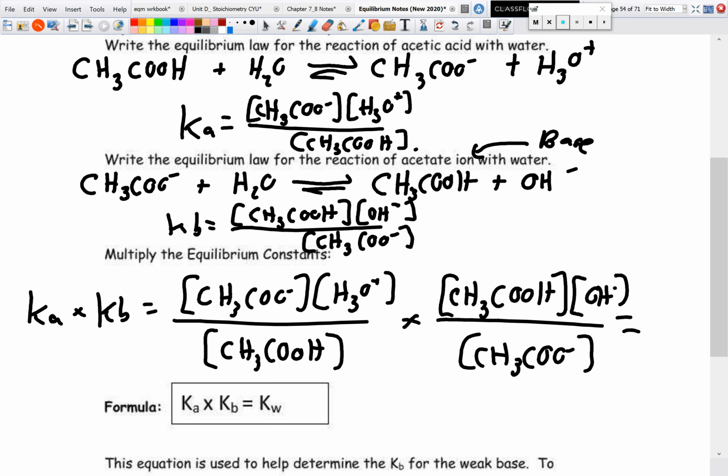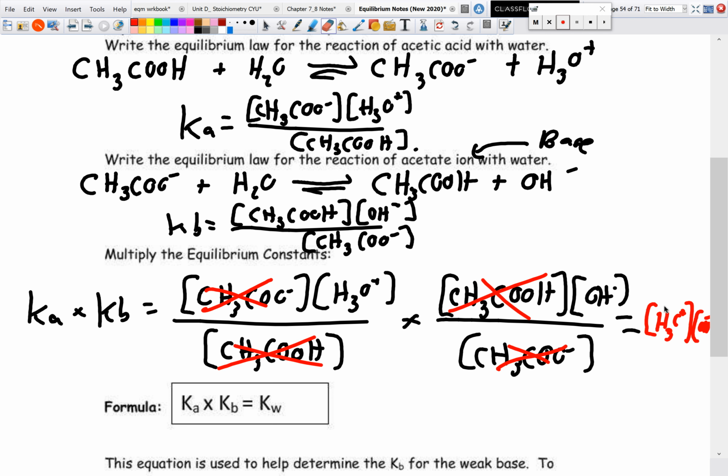Now, one thing you'll notice, some things are going to start canceling out, like the acetate ion and acetic acid. And what we are left with is hydronium times hydroxide.